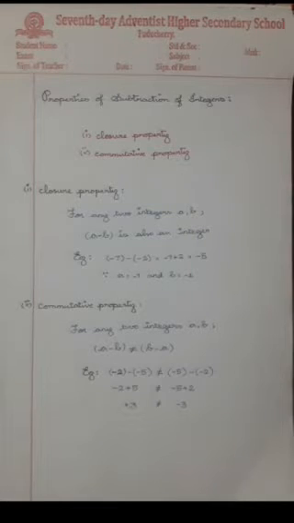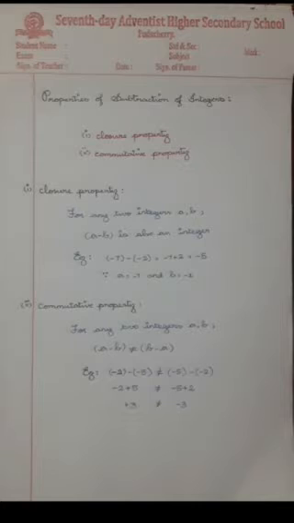For any two integers a, b, a minus b is not equal to b minus a. So it means that when you subtract two integers, on the left hand side we have a minus b, and on the right hand side we have b minus a. So we are interchanging the position of the integers.